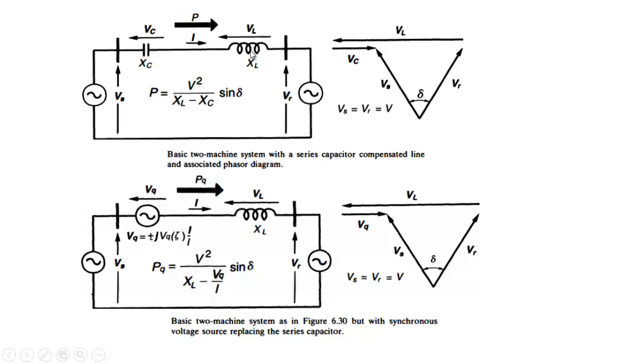The total voltage drop will be equal to this voltage drop plus this voltage drop. Since this voltage drop is opposite to the voltage drop of this, the net voltage will again be the same, because this will remain the same, but the voltage across this will increase by an amount equal to VC, so that their summation will remain the same. That is what is meant by this sentence.